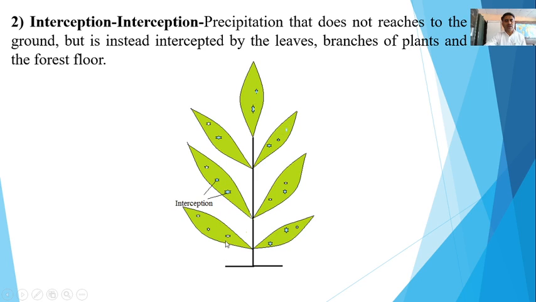That amount of water cannot fall on the ground directly. How much water is intercepted is determined by the cover of vegetation and forest, so it completely depends on the percentage or quantity of the forest and vegetative cover of a particular area.